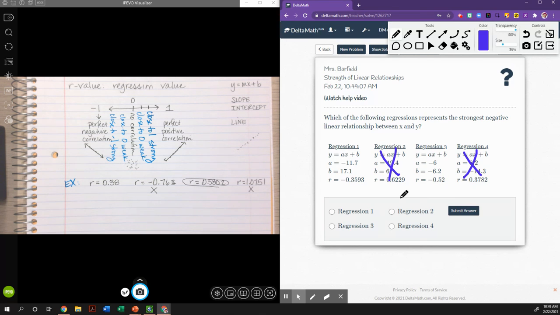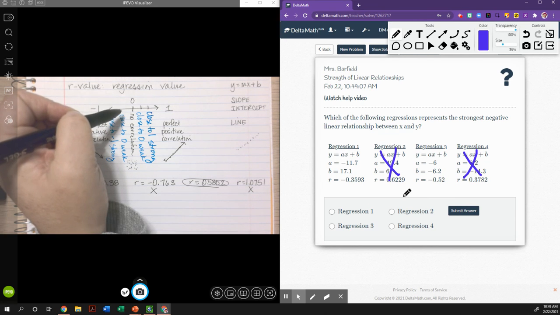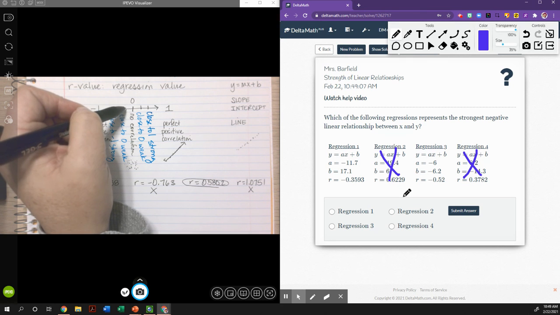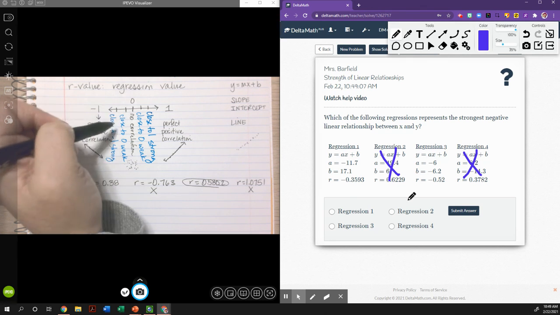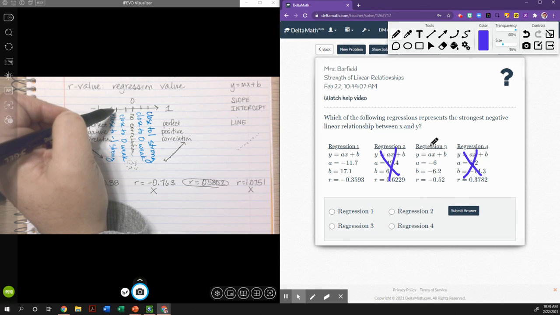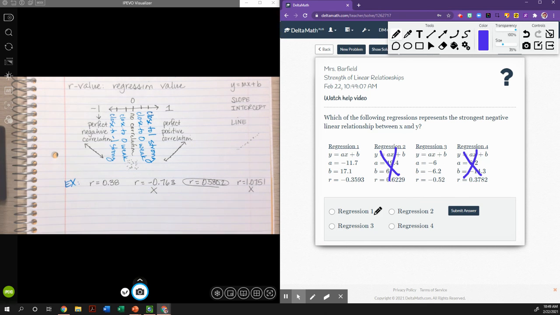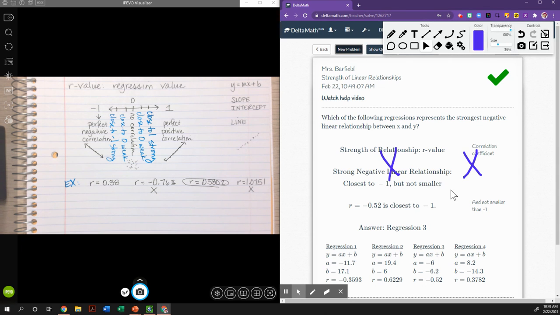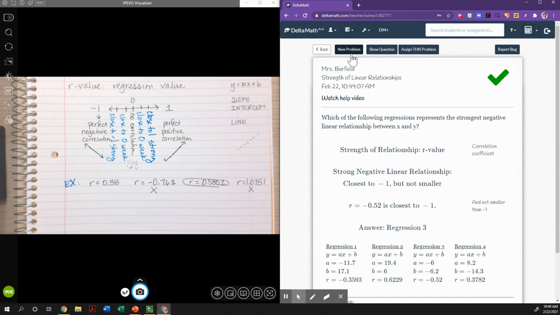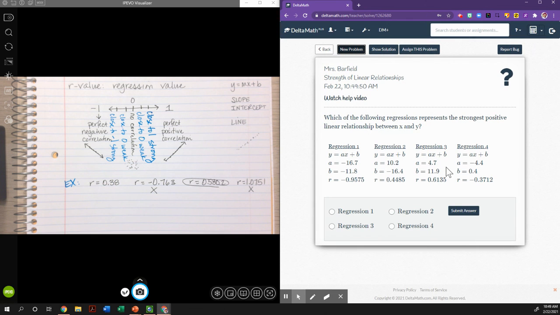Looking back at my number line, 3.5 is on this side and negative 0.52 would be on this side. So number 3, which is odd, they're all number 3 at this point. Number 3 would have the strongest negative relationship. Submit my answer. Yes. Let's do one more and then you'll be on your own.